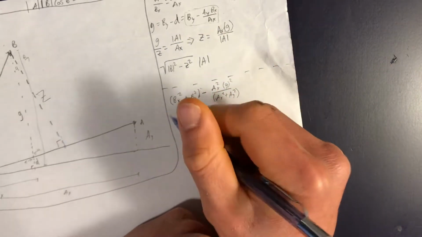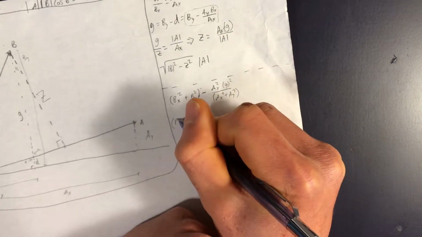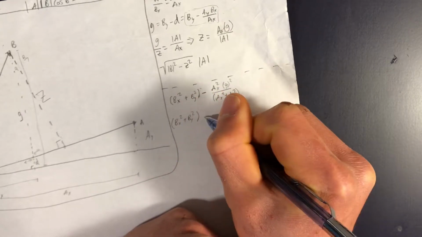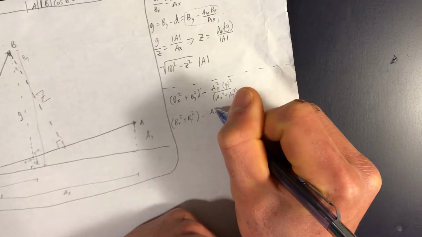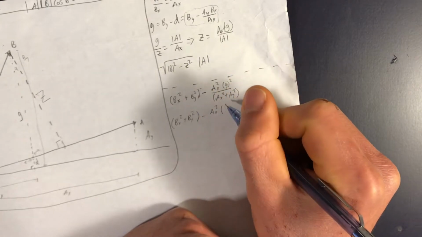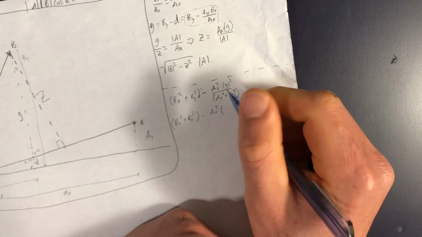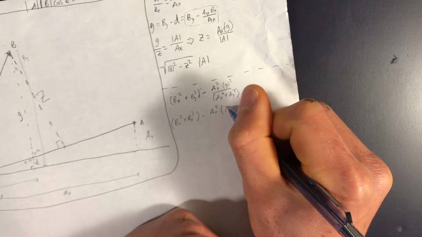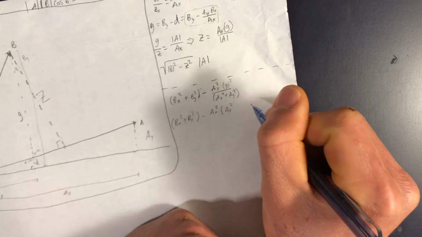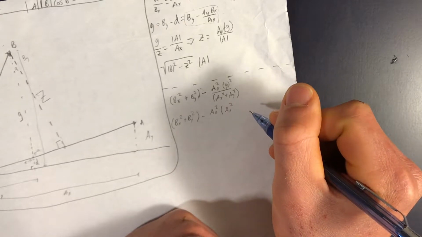G is that, so it's getting a little messy now. Minus AX squared, let's see, G squared. X squared.